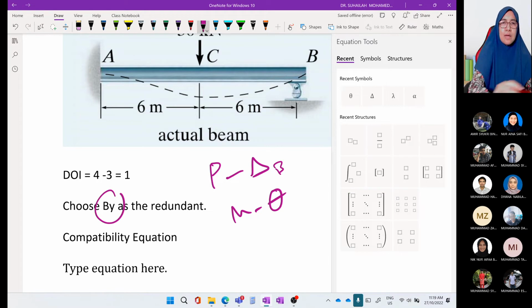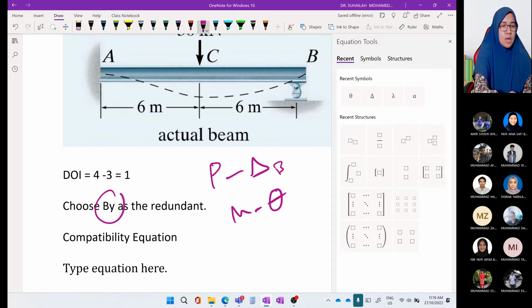We have to look at the delta that occurs at each diagram. Each diagram means we will have 3 diagrams, based on the principle of superposition.